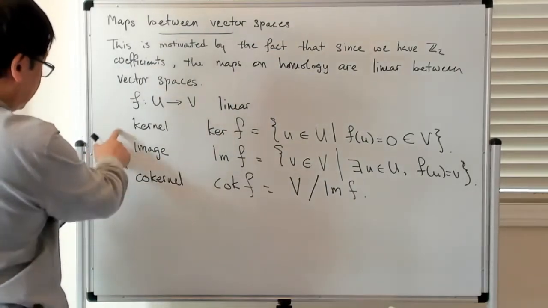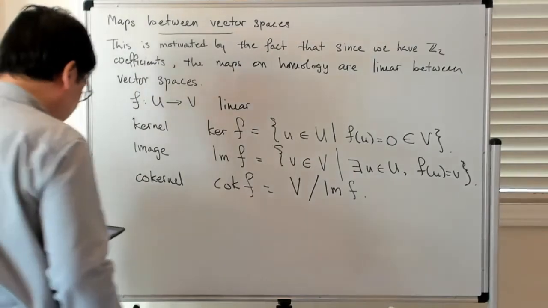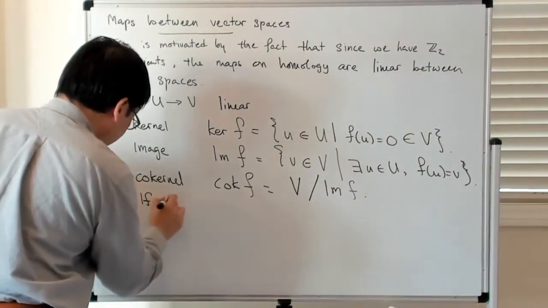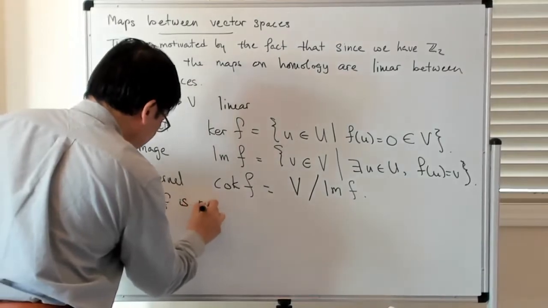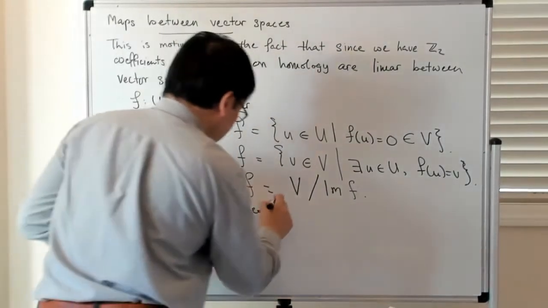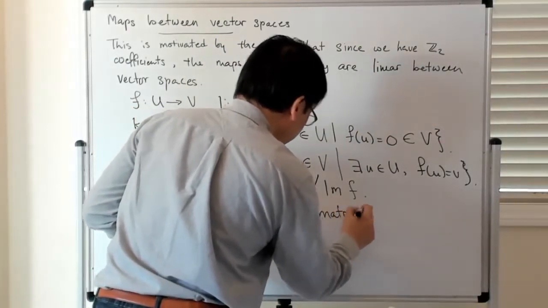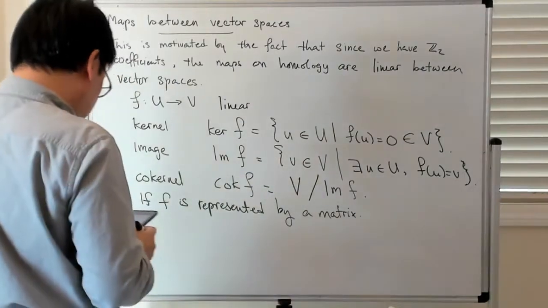So, all right, how do we realize this? If F is represented by a matrix, we can do the reduction we've done before.